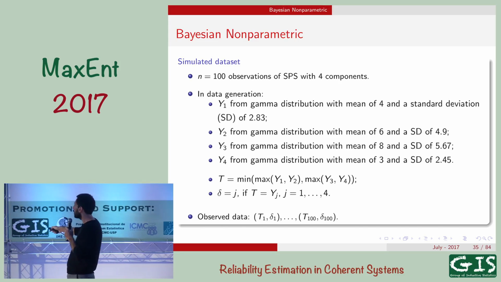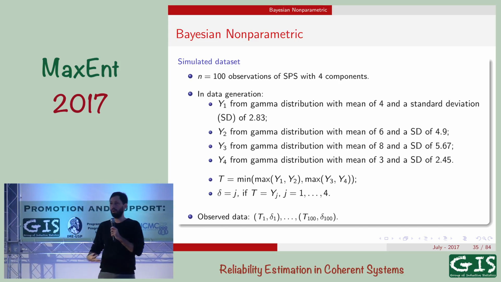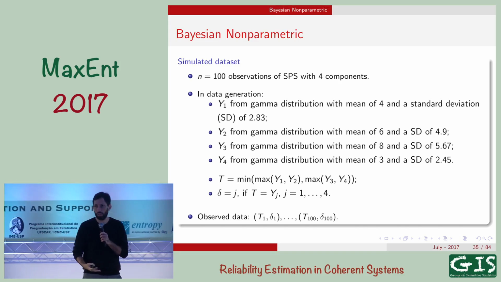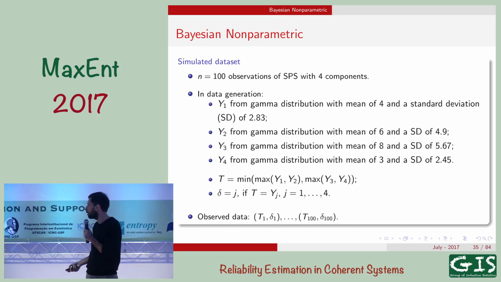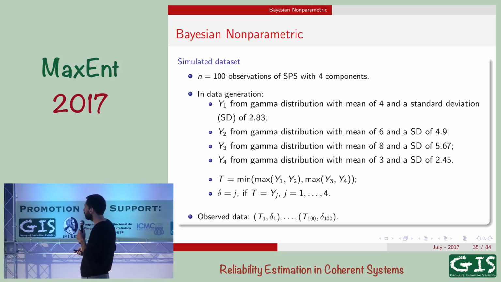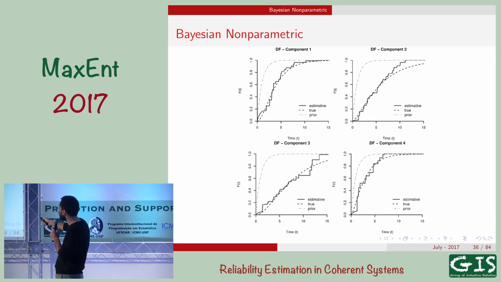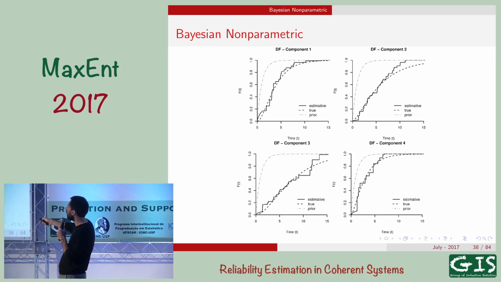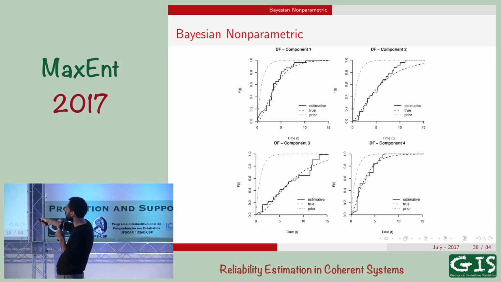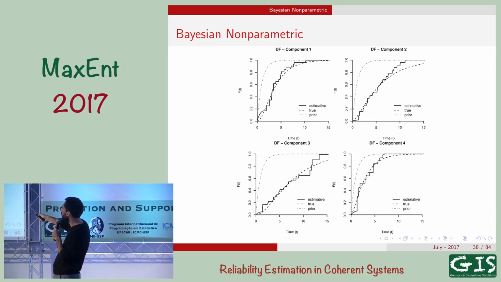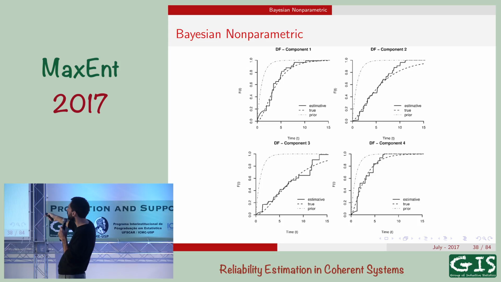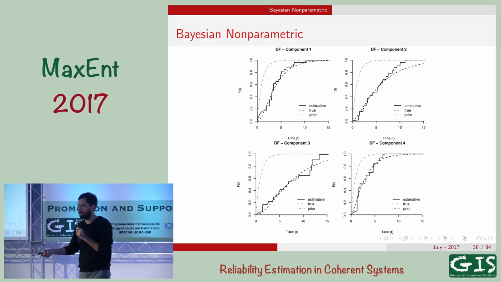Okay, so for our simulation, we are considering that the components are independent. Another important detail is, if you take a look here, in some part, this estimator is bigger than the true distribution.